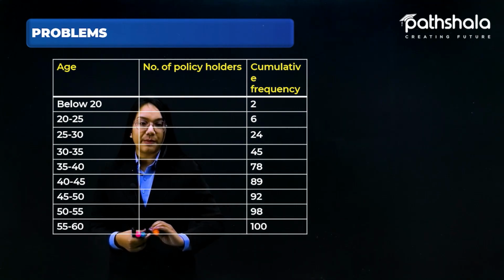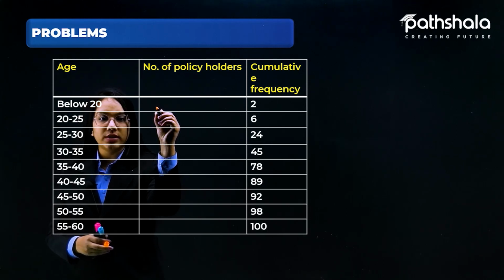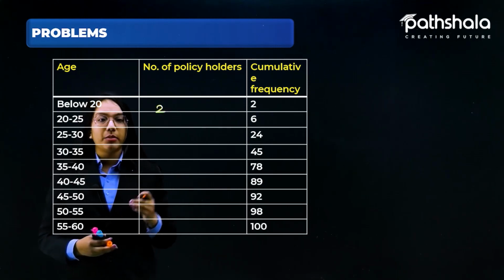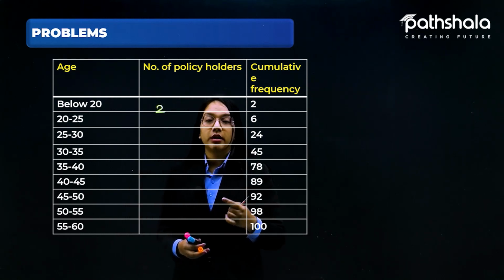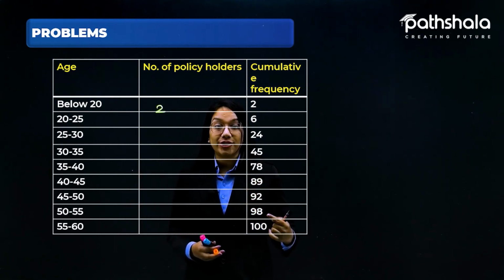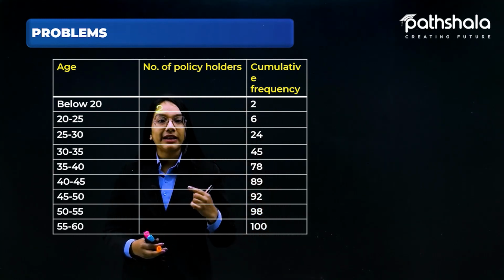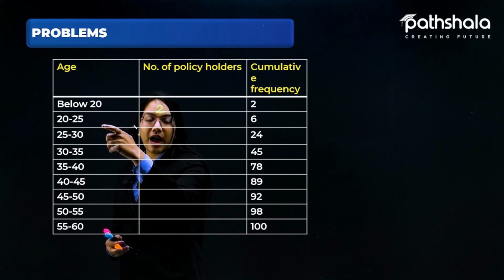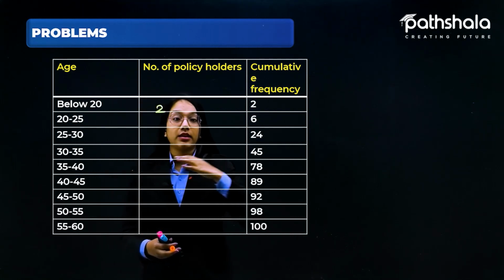How? Let's see. For the very first value, the number of policyholders is 2. But for the interval 20 to 25, the number of policyholders would be changed, because the second row was below 25, and for below 25 the answer is 6.